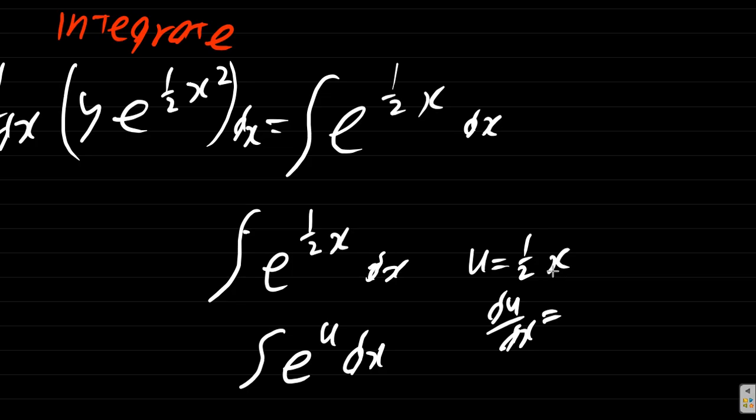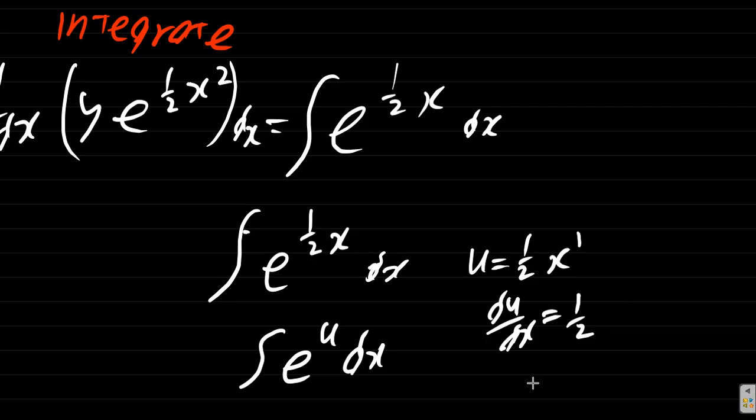Well, half times 1 x to the 0 using the power rule. This is x to the 1. The power 1 times half is just half, and we reduce the power by 1 to get x to the 0, which is 1. So it's half. du by dx is half.